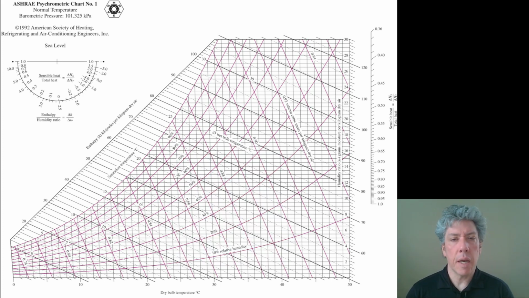Without the inset, it's easier to see the next couple of lines. There are a set of lines that are different things, but that almost lay on top of each other. Do you see the solid black lines that run sort of downhill on a slight slope? And then there are some dotted lines that run almost parallel to those. Well, the dotted lines are lines of constant wet bulb temperature.